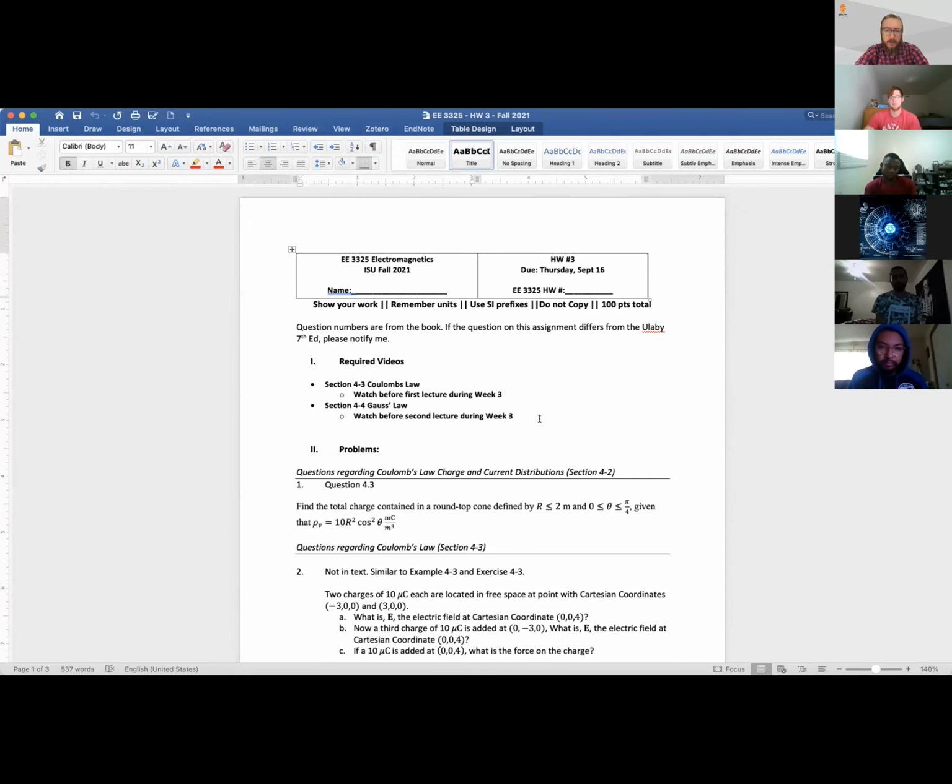So homework 3, we're now going to move into chapter 4 of the textbook, and this chapter is on electrostatics. The electrostatics chapter is kind of where the actual electromagnetics begins, right? What we did previously, we spent basically 2 weeks looking at and reviewing vector calculus.